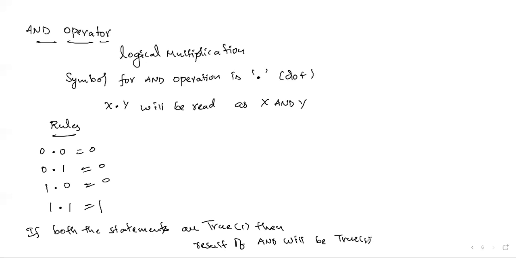So we'll see the truth table for this. Truth table: x, y, x and y. So 0, 0, 0.